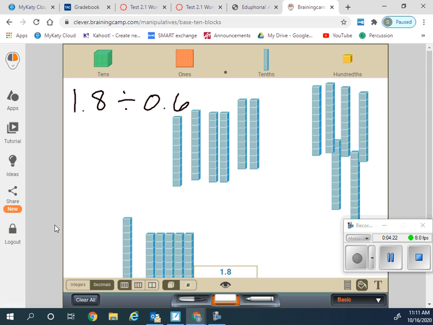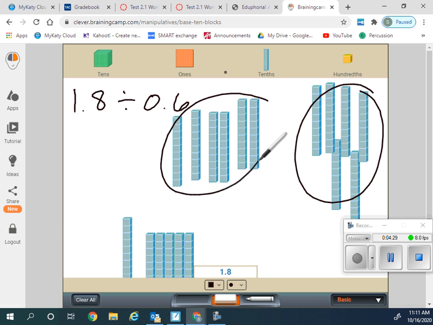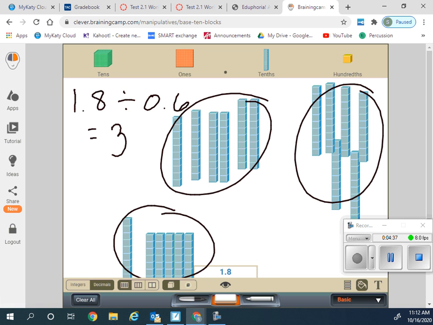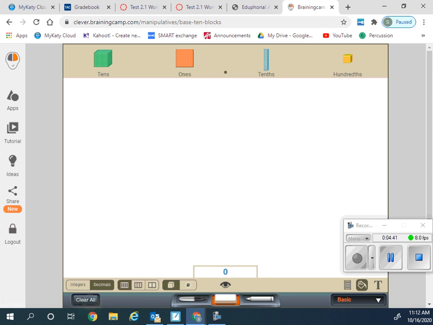So now, how do I come up with the answer? Yeah, I've got 1 group, 2 groups, 3 groups. So the answer is 3. All right, so now we're going to clear our board and do another one.